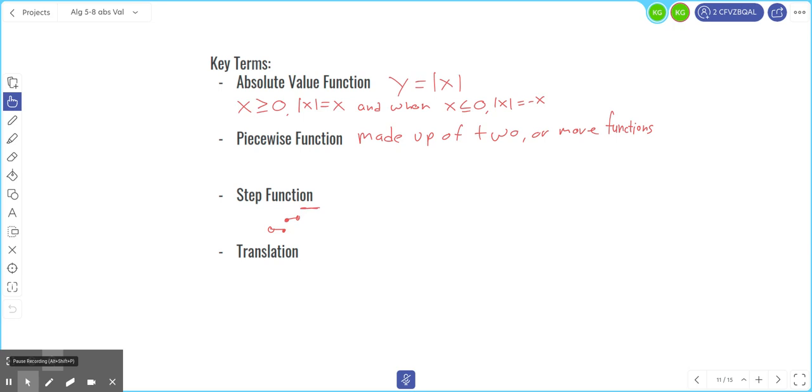Hopefully you noticed that in our example. But I kind of broke the rules here. I put two filled in dots above each other. We'll just pretend this is an open dot. Okay. So, whatever.